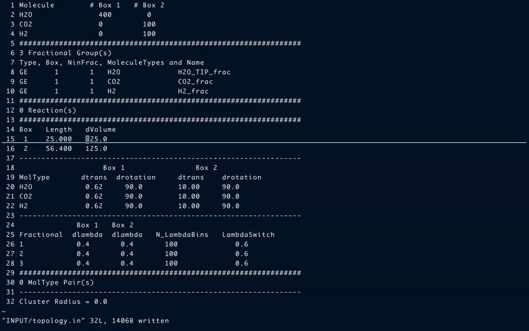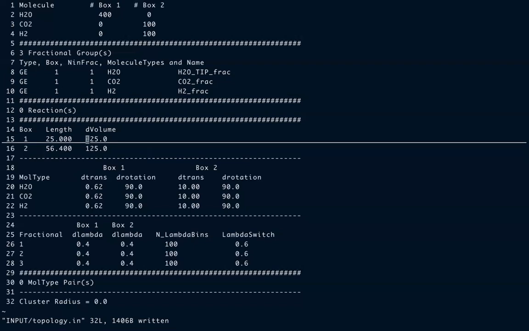Now I have already mentioned that you can change the volume of the box in one of the trial moves, or you move or translate the molecules. But you also need to specify the change in the volume and the change in the translation, or the displacement of the molecule.